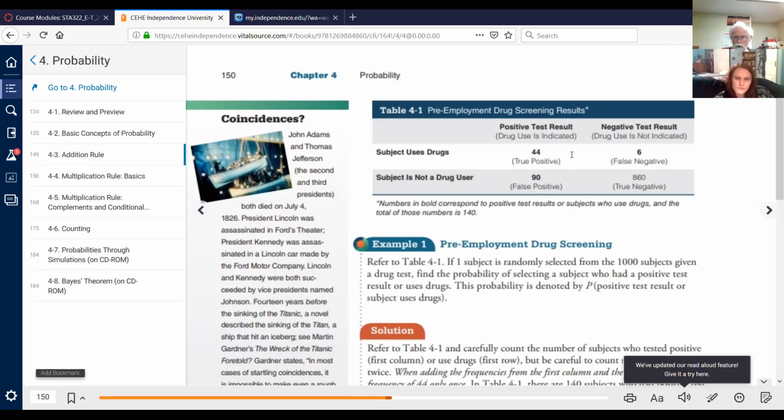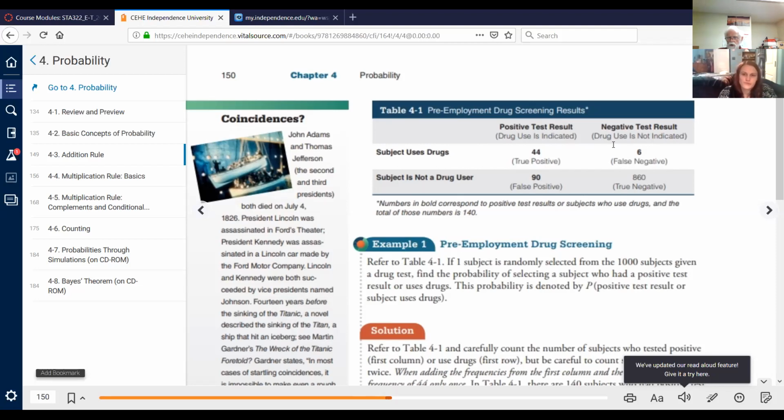The other 50 claim to be drug users. So if we ask what's the probability of a drug user getting a false negative, that turns out to be 6 out of 50. A much higher rate of false negatives than false positives.